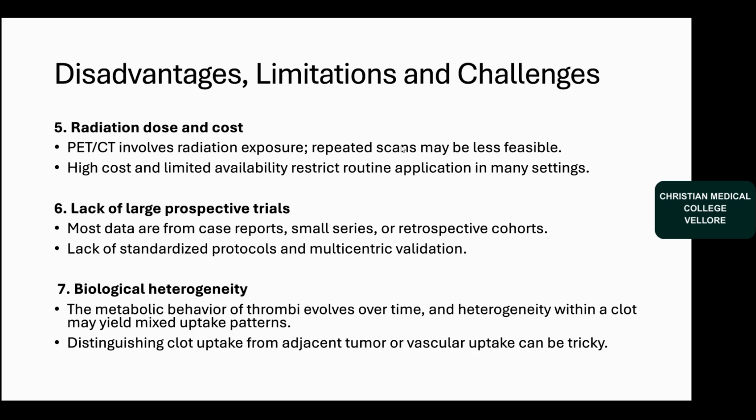So it is not routinely used. PET CT or MR angiography are the most preferred imaging methods for a thrombus. Then the lack of large prospective trials is also a limitation.